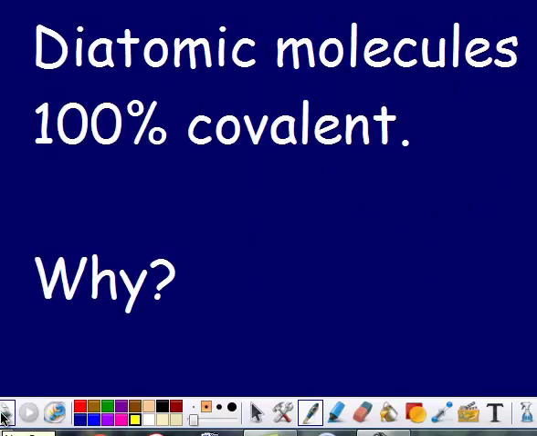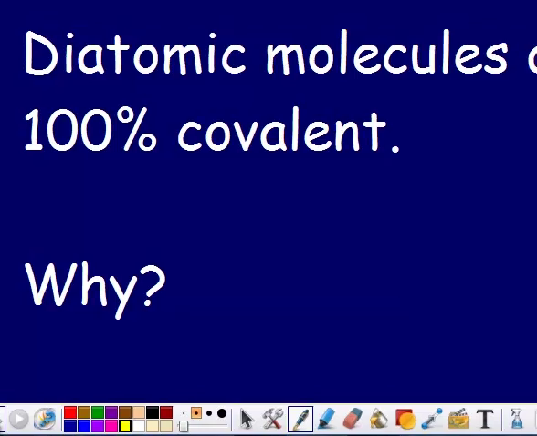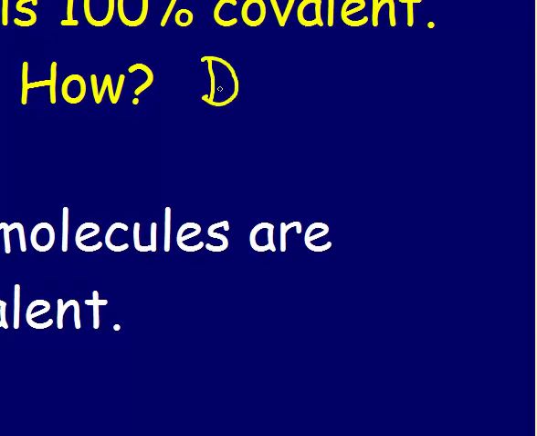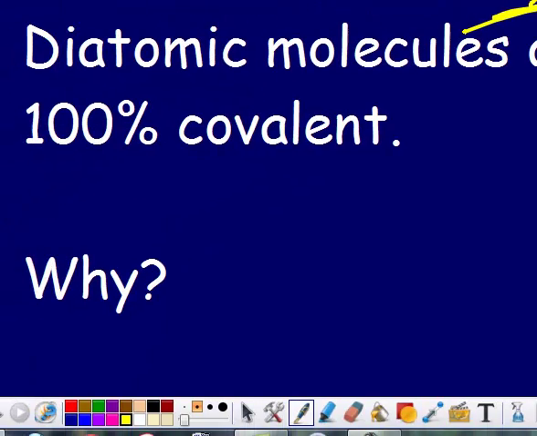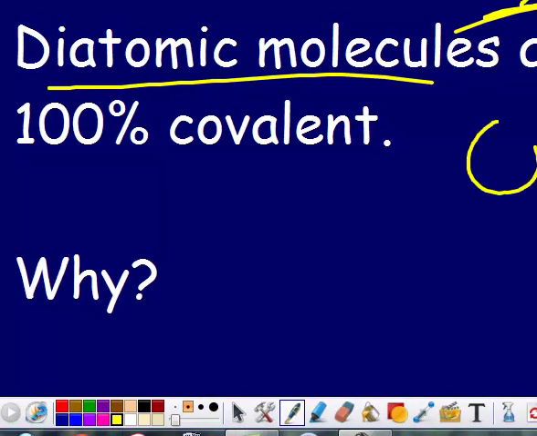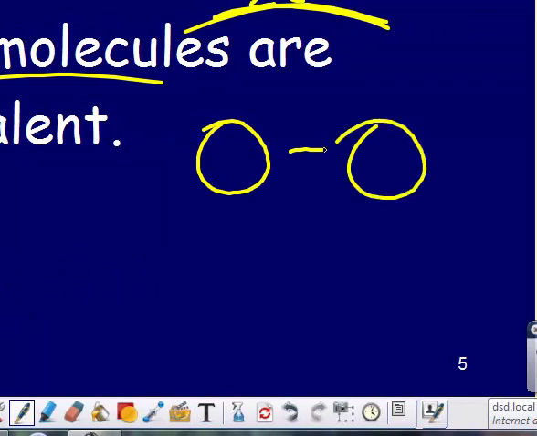All right, so there is one bond, though, that is a 100% covalent bond. How? Well, because when you subtract its electronegativity, the difference in electronegativity is 0. There's no difference. And diatomic molecules would classify as that. If you have an oxygen bonded to another oxygen, pulls with 3.5, pulls with 3.5.